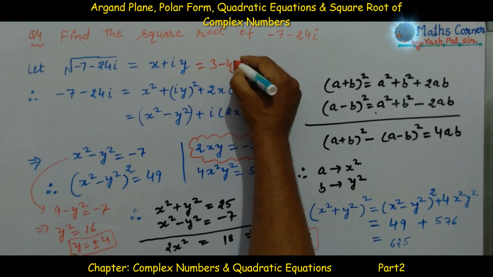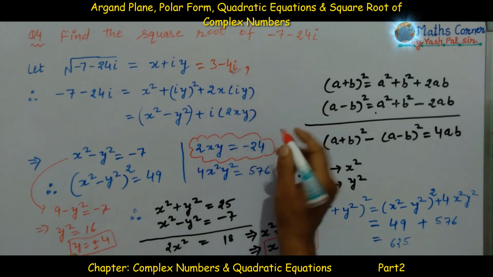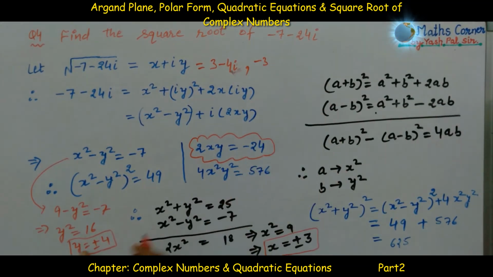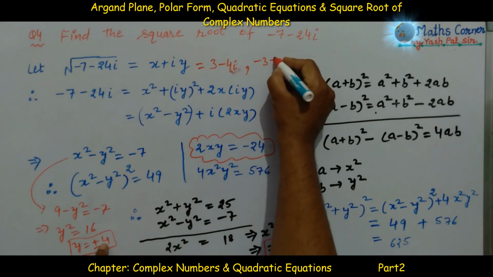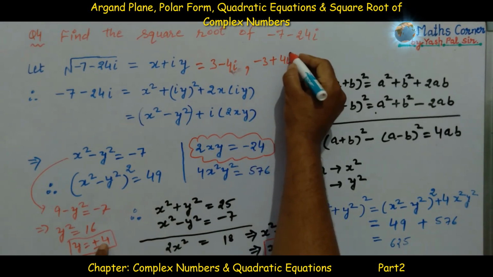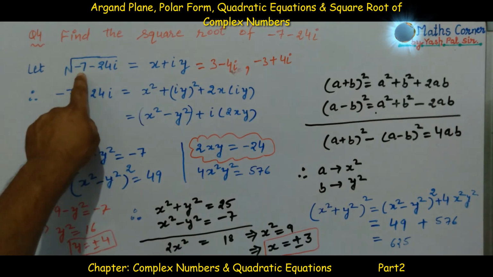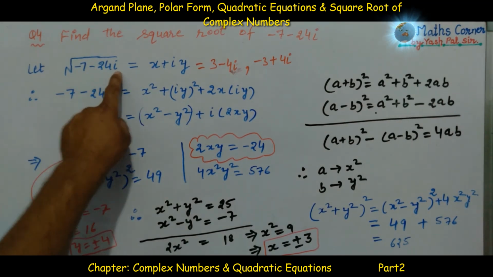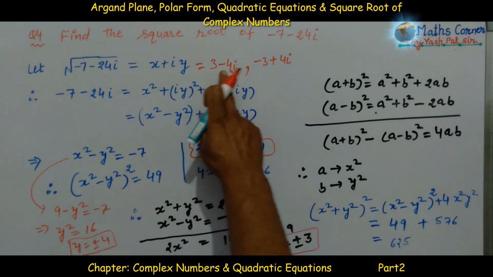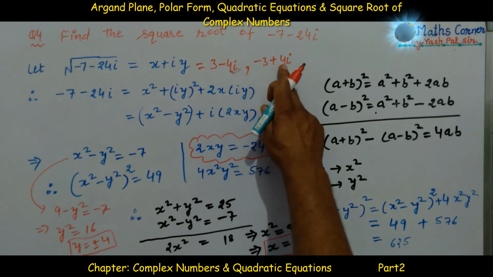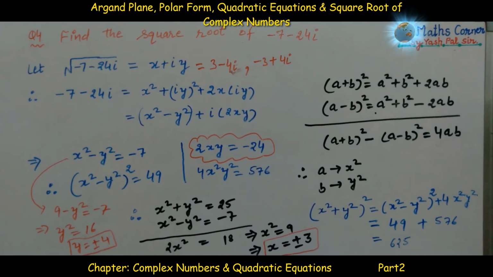Or if we take x negative, that is minus 3, then we should take y positive, plus 4 iota. This way, the square root of minus 7 minus 24 iota has two values: one is 3 minus 4 iota, and the second is minus 3 plus 4 iota. That's all. Thank you very much.